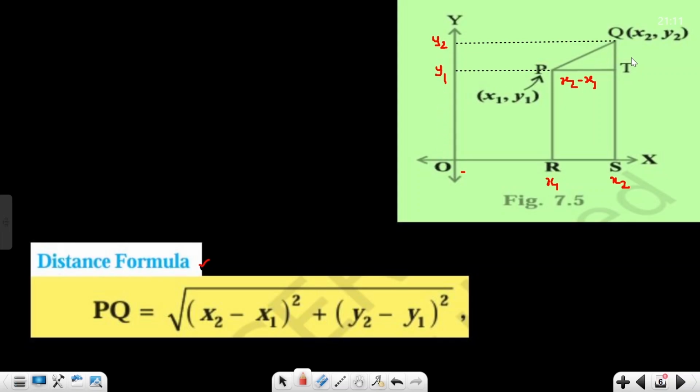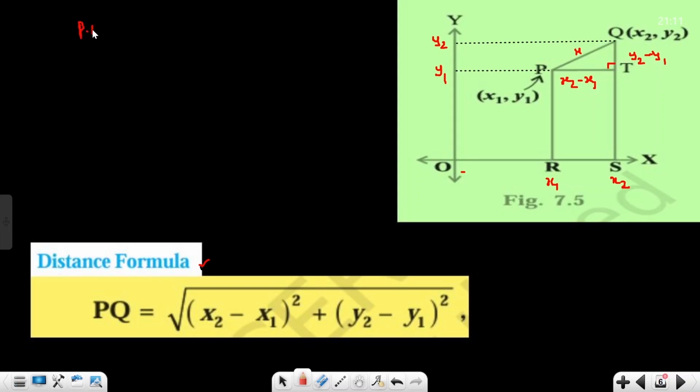So how do we get this distance? y2 minus y1. Now look at this portion, 90-degree angle. PQT is a right angle triangle. The hypotenuse is the opposite side of the 90-degree angle, and the remaining two sides are base and perpendicular.